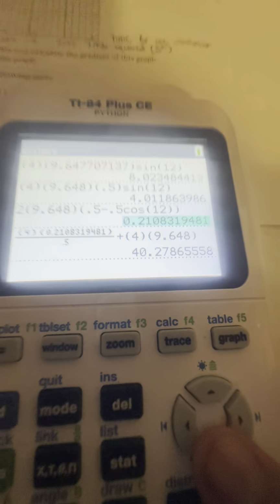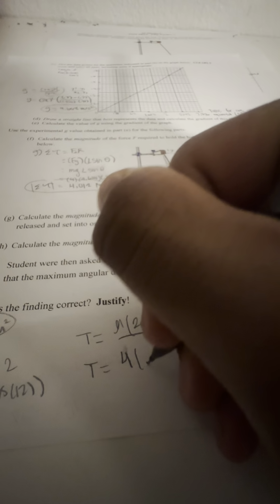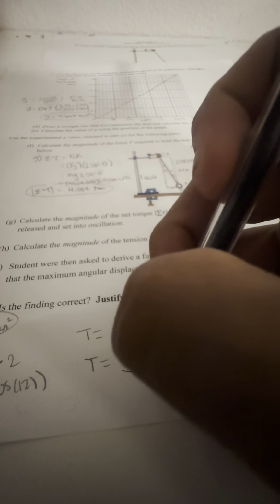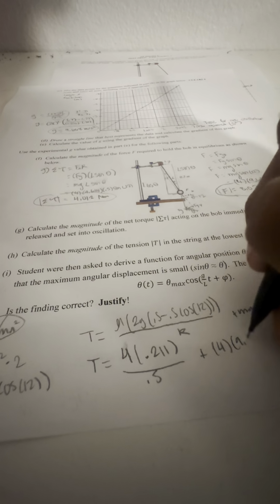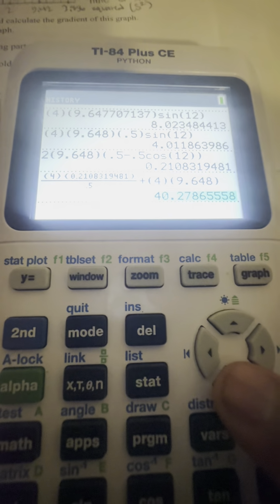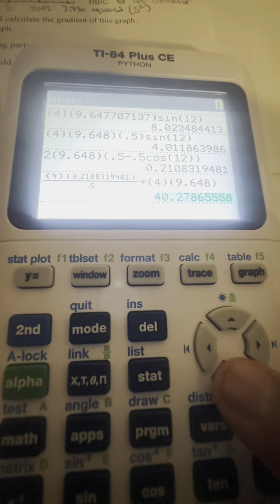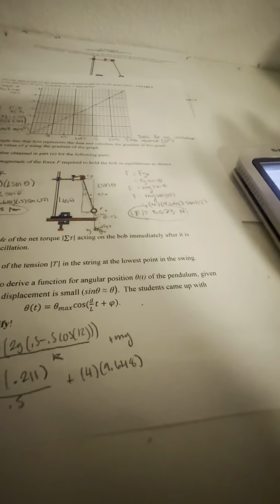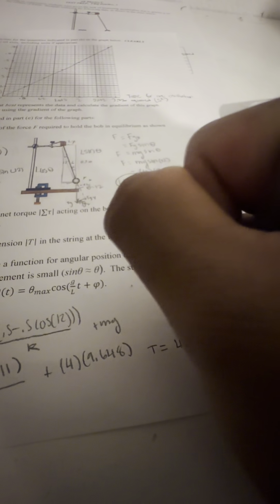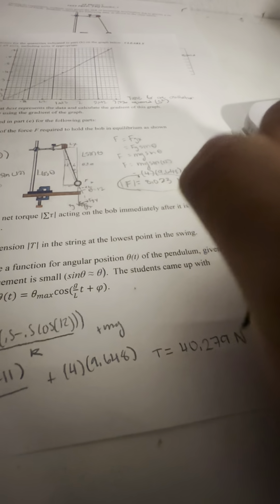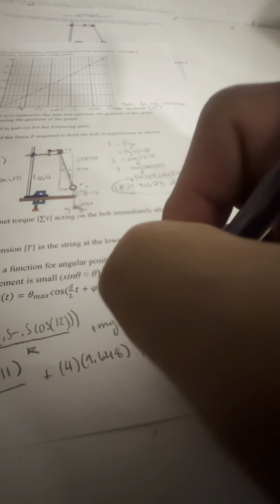And I already found the v squared, which is going to be equal to 0.211. So I'm just going to go ahead and plug that in. So 0.211 over r, which is just going to be 0.5, plus 4 times our experimental g, which is 9.648. So if we go ahead and plug that into our calculator, which I did already as well, we get 40.279 as our tension. So our tension is going to be equal to 40.279 newtons. And again, it's the magnitude, so we don't need a direction.